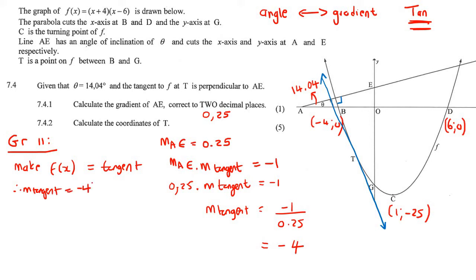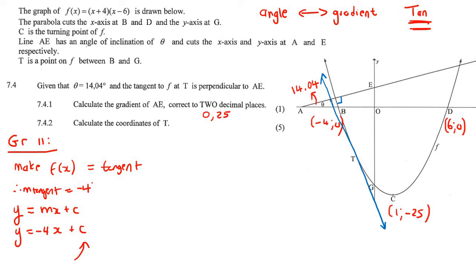So what is the equation of the tangent? Well, it's y equals mx plus c. So we can say y equals -4x, because that's the gradient, plus c. We don't know what c is yet, but that's okay. So what we're going to do now is make the parabola equation equal to the tangent's equation.